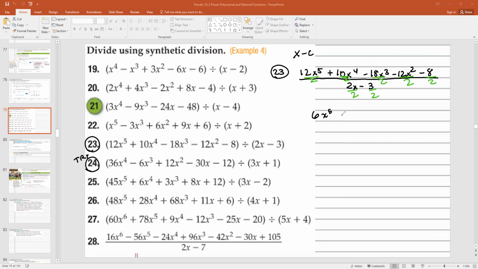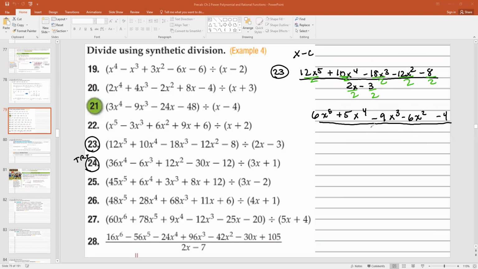6x to the 5th plus 5x to the 4th minus 9x cubed minus 12. Almost made a mistake. Minus 6x squared minus 4. All right.